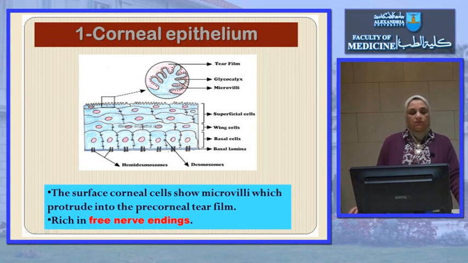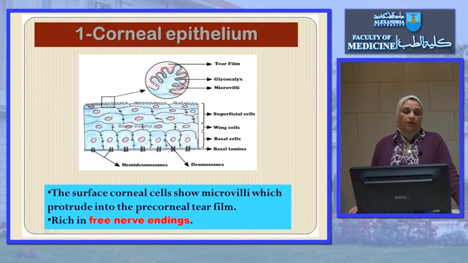Superficial layer, as you see, it's flattened cells, squamous cells with flat nuclei, but we can notice here the presence of microvilli. There is an explanation for this, because the microvilli protrude into the precorneal tear film. What's meant by this?